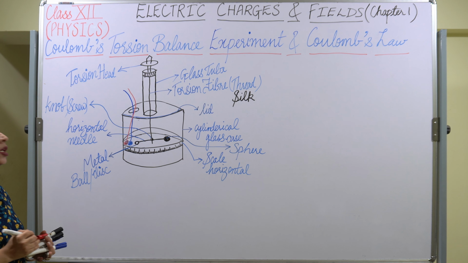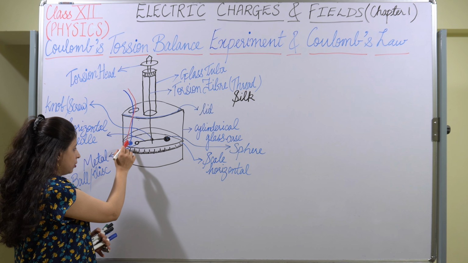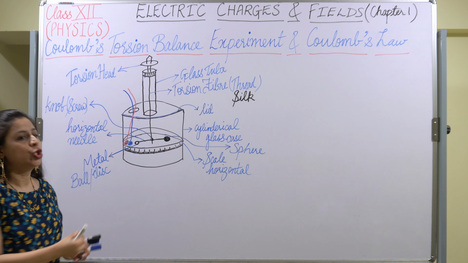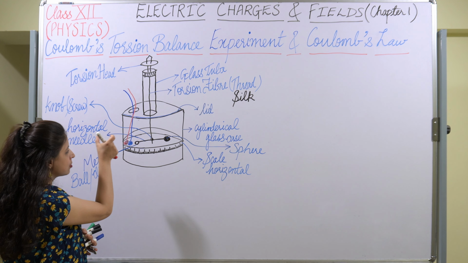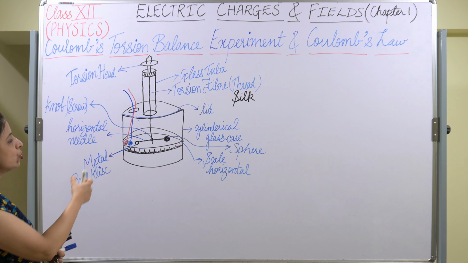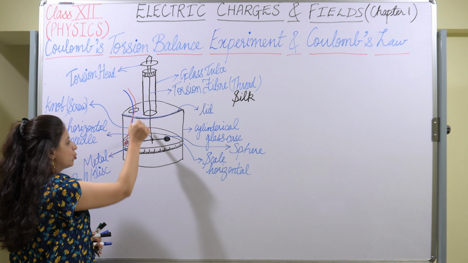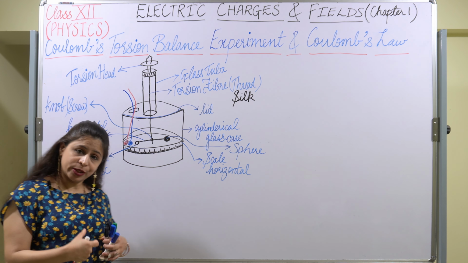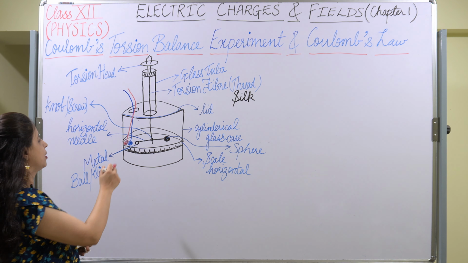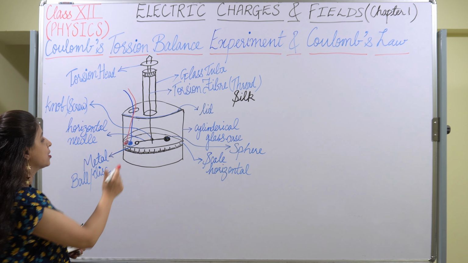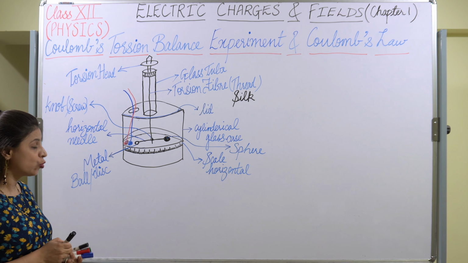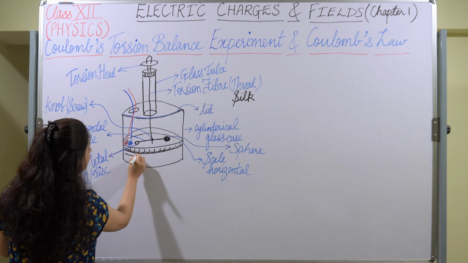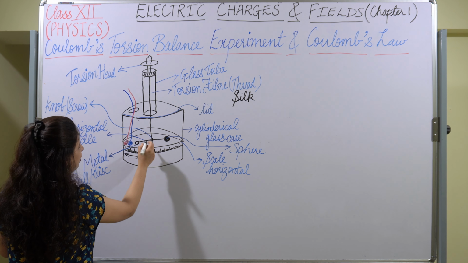This time, because it was also positive, both the positive charges repelled. There was a repulsion force acting, and due to that force the thread got twisted, and there was a displacement in the needle. That displacement could be easily seen through the scale.